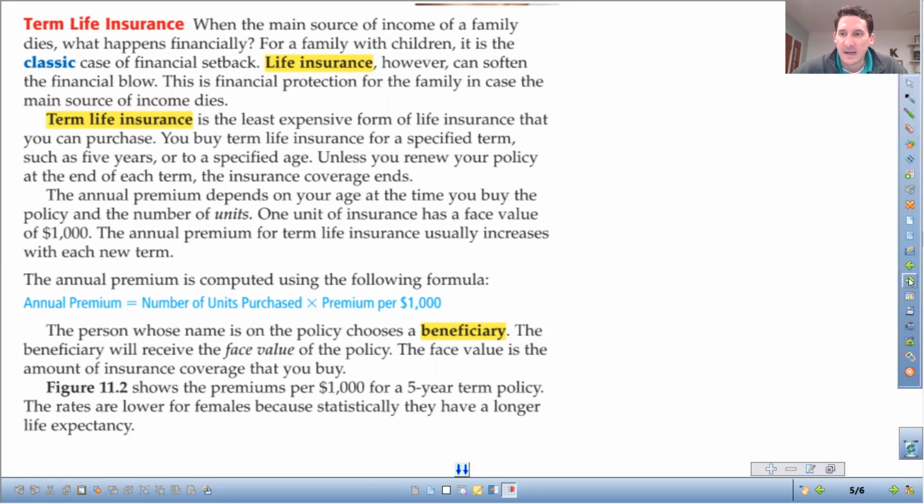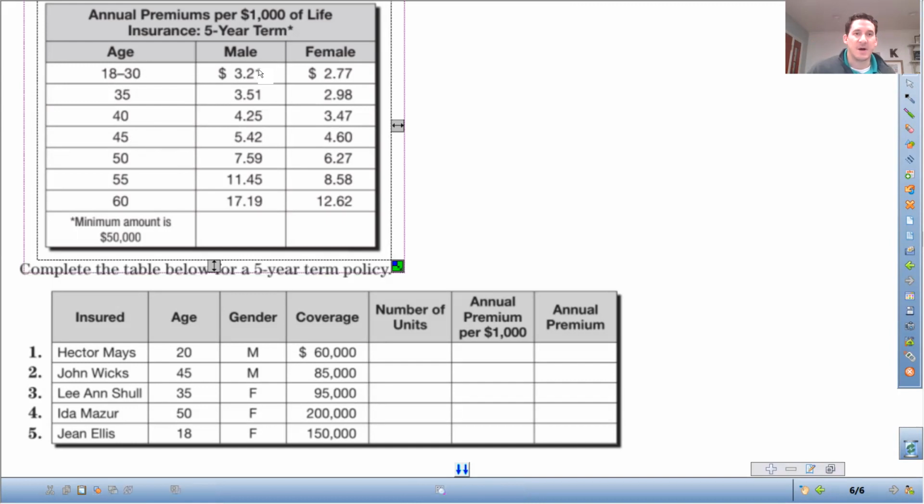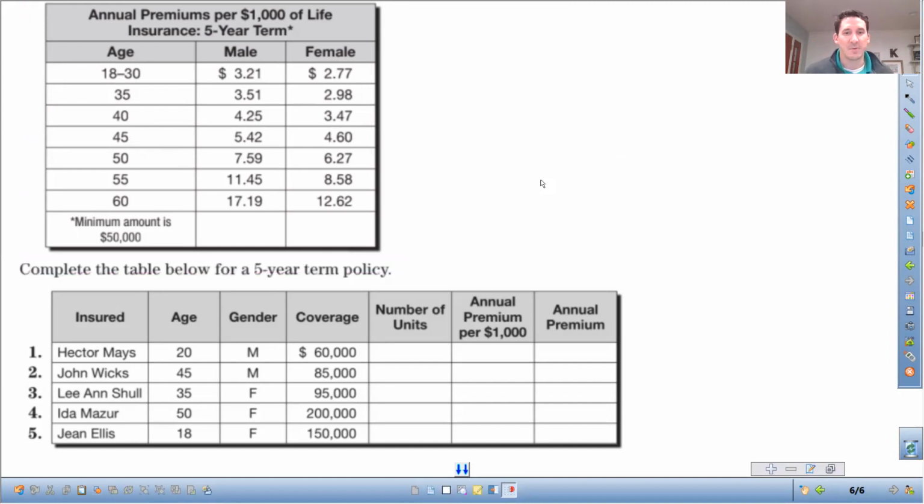But let's look at calculating some of these things. So annual premiums per $1,000 of life insurance for a 5-year term. This table here just tells us the annual premium per 1,000. When we get there, we're just going to be calculating some things. But let's look at this table.